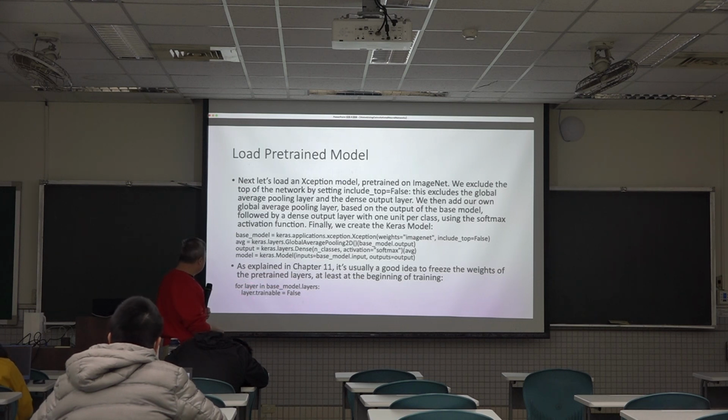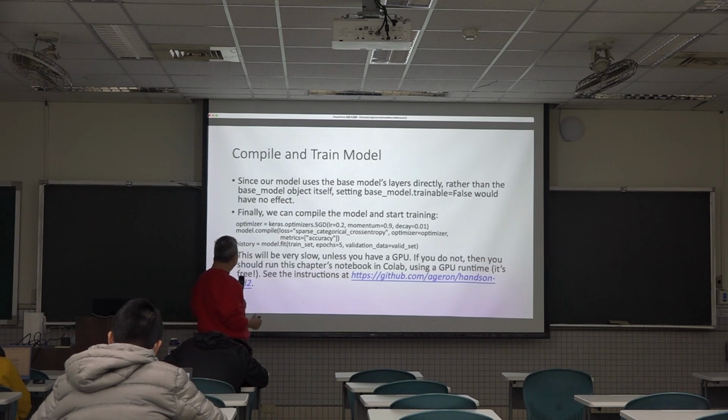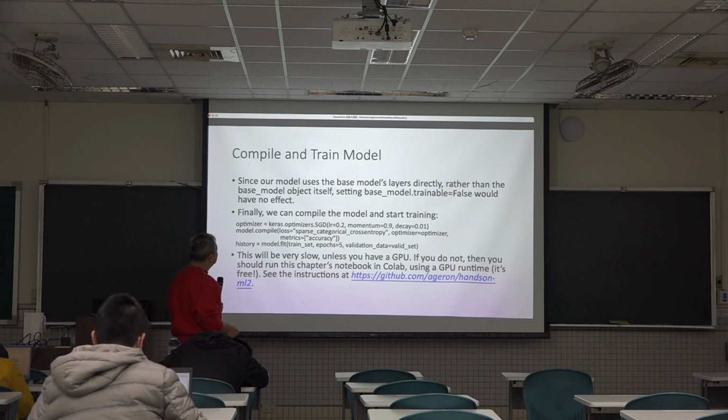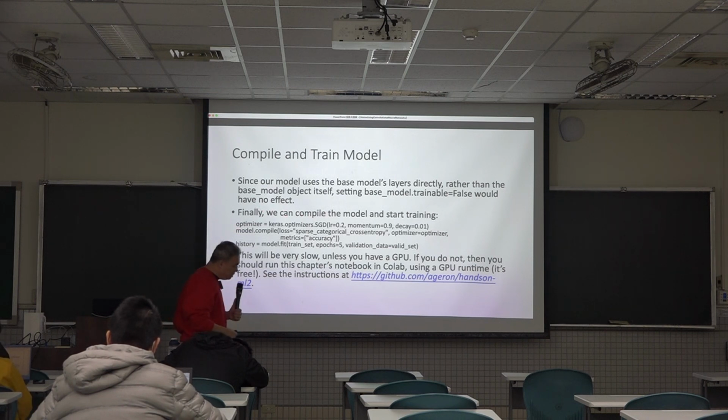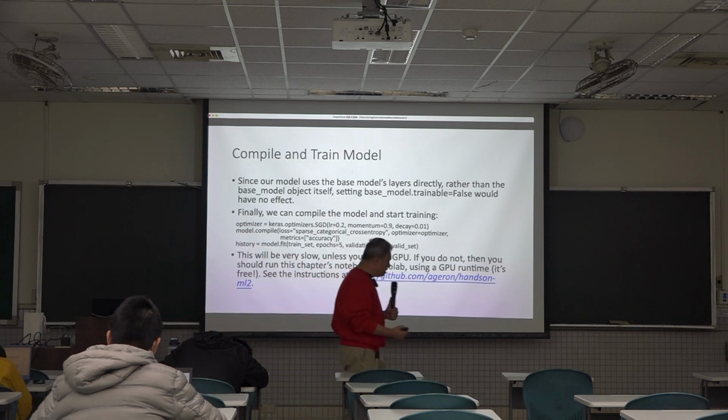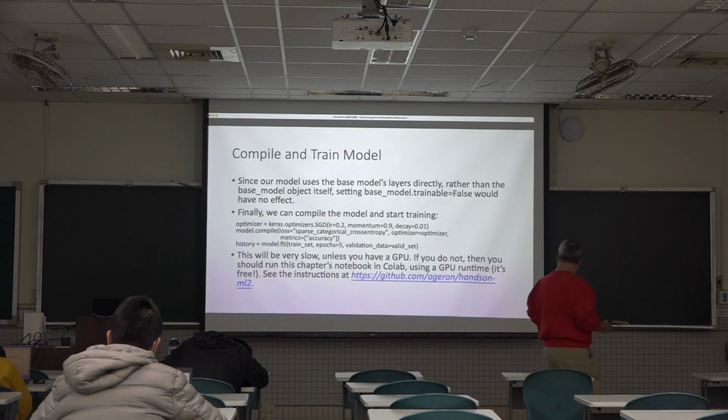by using this for loop, setting layer.trainable equal to false, and then we train the model for several epochs. First we need to compile the model, because every time we freeze certain layers, we need to compile the model again.